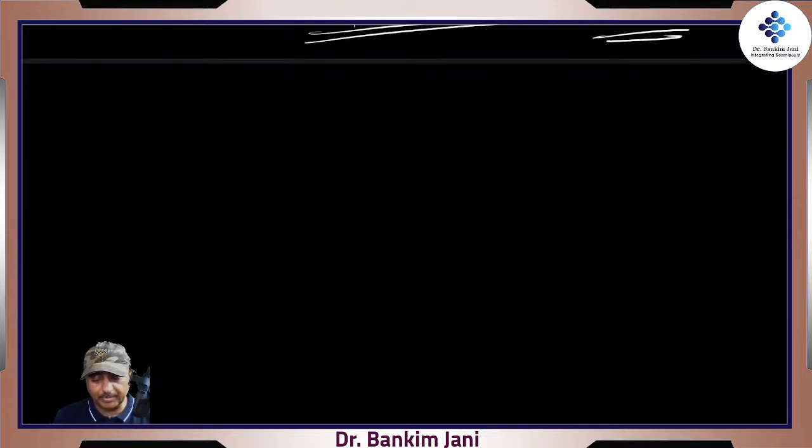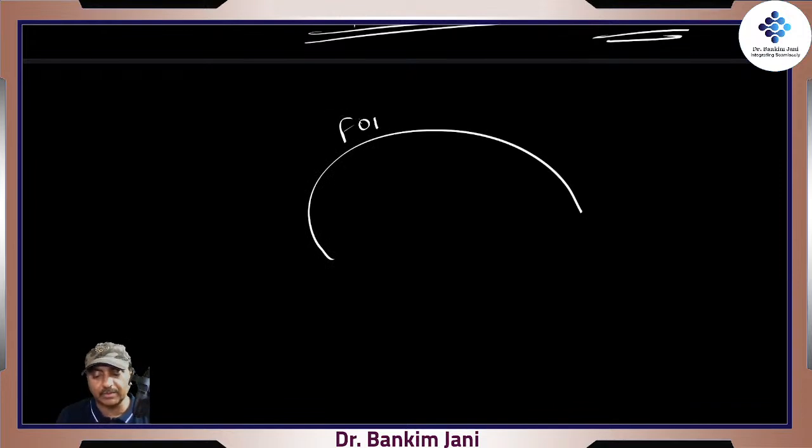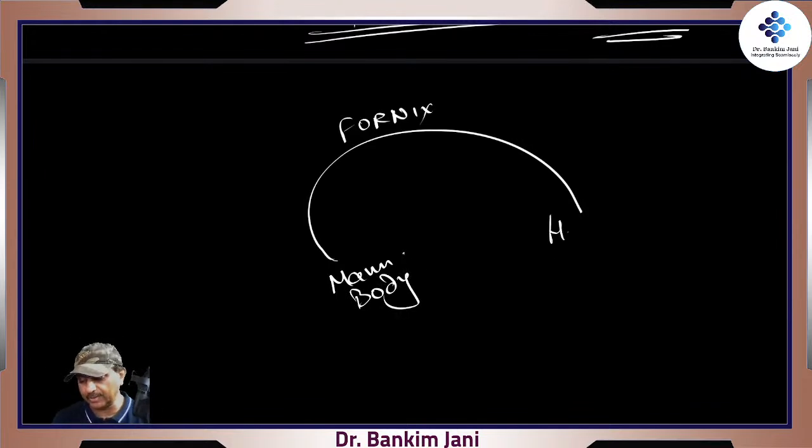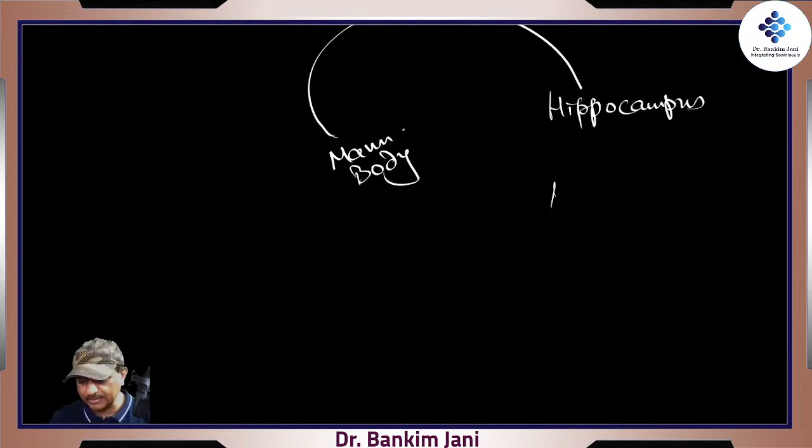The fornix is basically one of the commissures. From here it is the mammillary body, and that's the fornix, and over here it was landing onto the hippocampus. So this is what forms the Papez circuit. Basically it is the circuit for the limbic system.